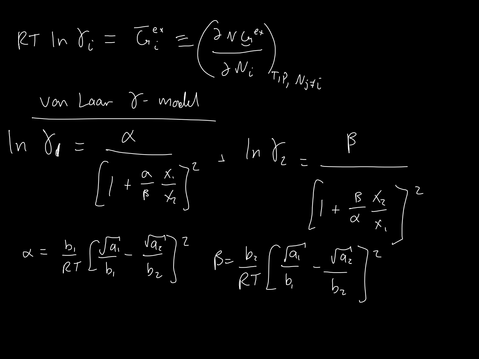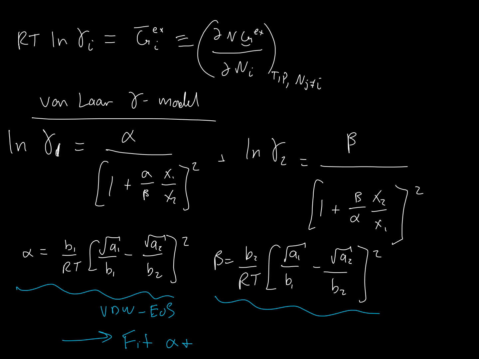So instead of using alpha and beta that are calculated based on the van der Waals equation of state, what is typically done is we just fit alpha and beta. So we can use the theoretical foundation of that form of the activity coefficient model.